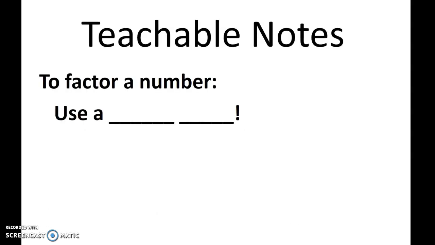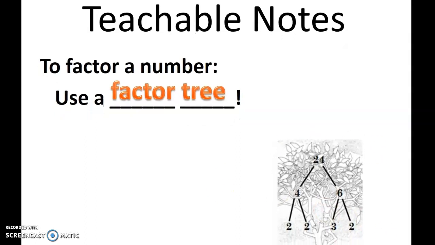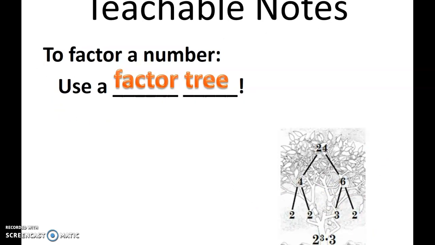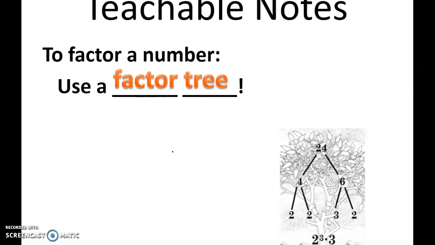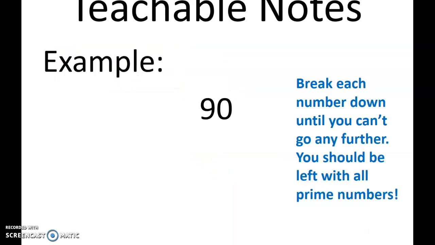So to factor a number, you're going to use a factor tree. That is an example of a factor tree. We're going to factor out 90. And it's written right there on your notes.